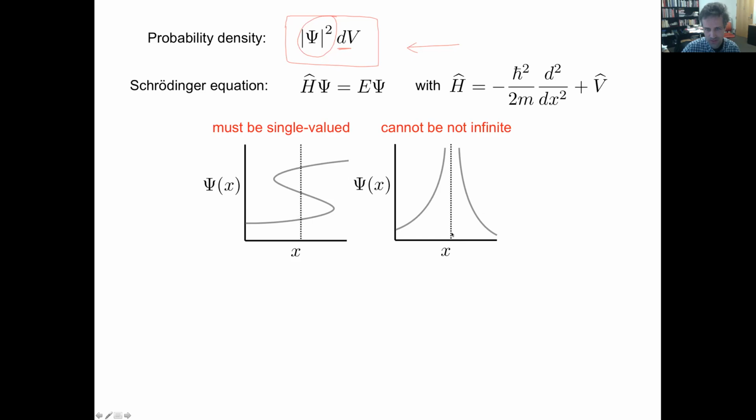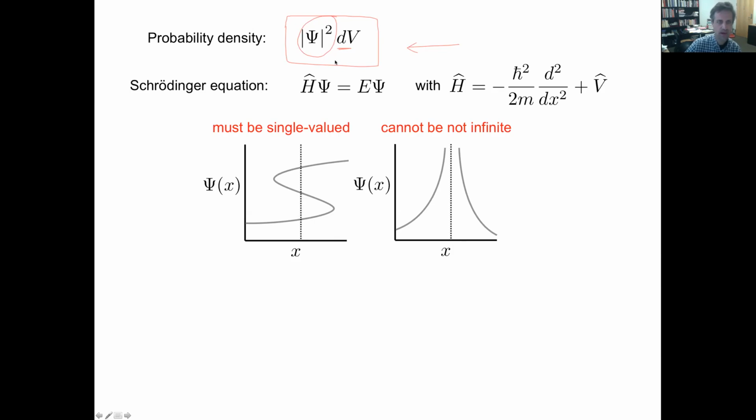So there's a very special exception to this rule. It can go to infinity, but only over an infinitely small portion of space, and we'll get to that point, because it has a very important mathematical expression that we will encounter. But in general, the wave function cannot be infinite over a finite region in space, and that's all because of this Born interpretation that you see up here.